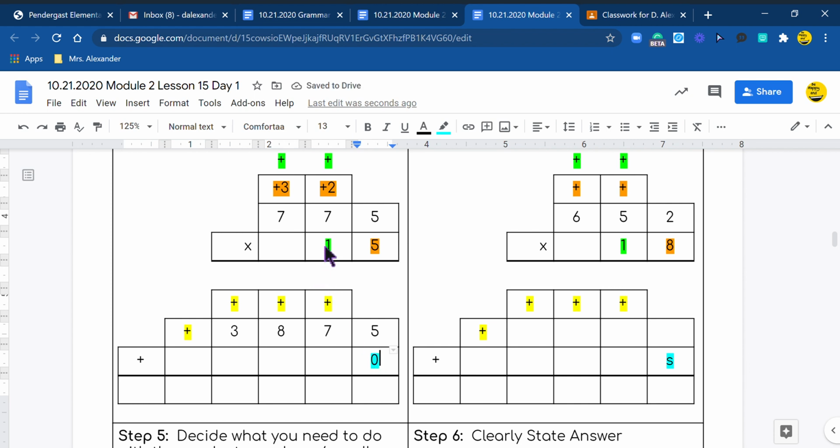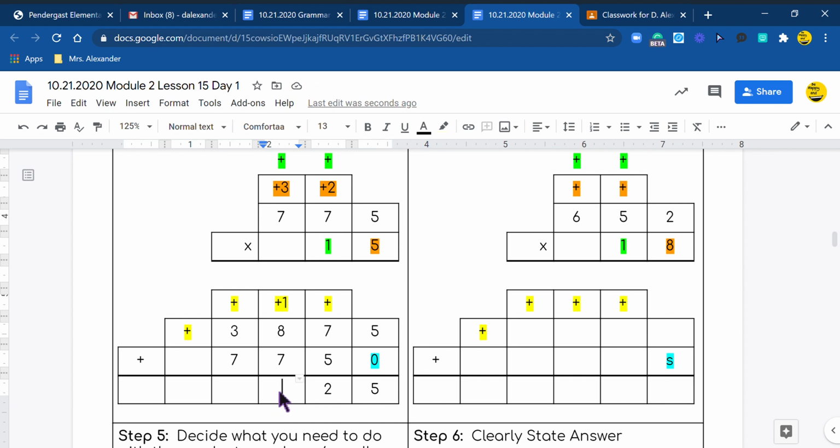Now we multiply by the tens column. 1 times 775. You're right, you guys, 775. So I'm going to quick write it in. And now we add 5 plus 0. Good job. 5 plus 3. Another good job. So I drop my 2. I carry my 1. 8 plus 7 plus 1.